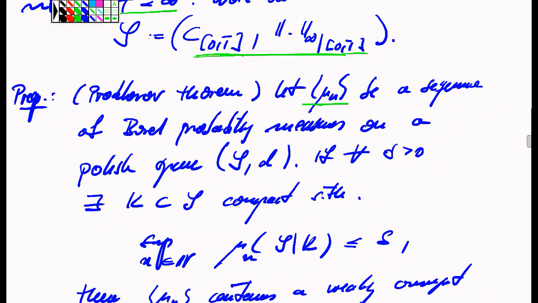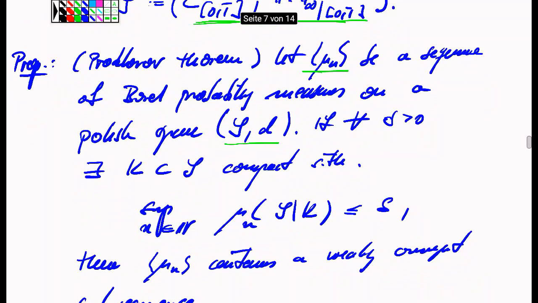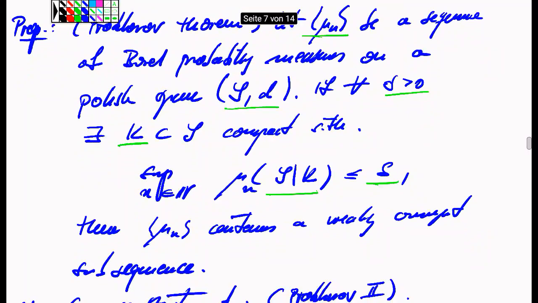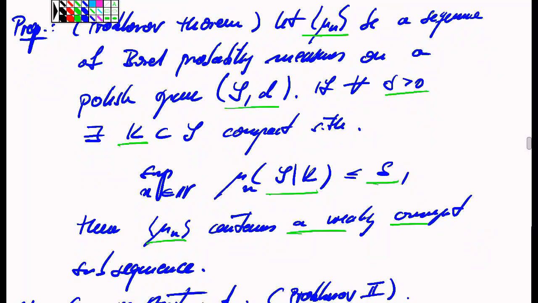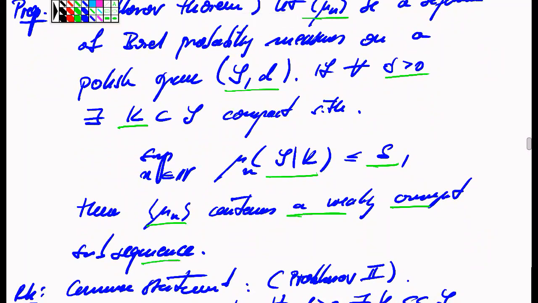If we have a sequence of Borel probability measures on a Polish space, and if it is so that for any positive delta, we find a compact set in this topological space, such that all measures of this sequence mu n of the complement of this compact set are no bigger than delta, then mu n contains a weakly convergent subsequence.